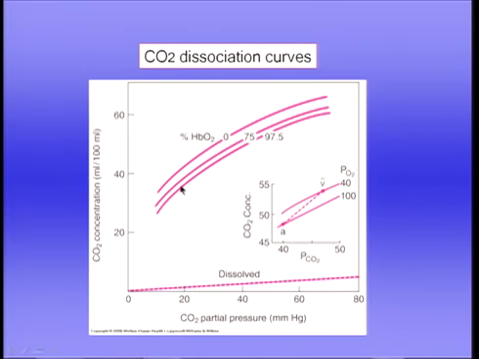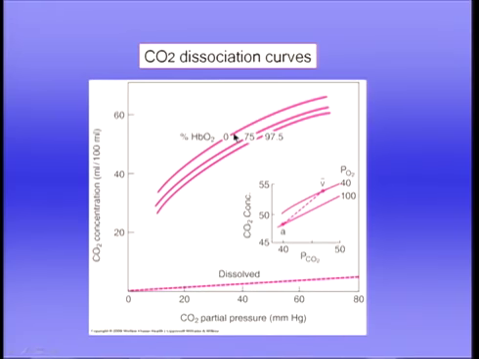And you can see immediately that the CO2 dissociation curve is steep, and it's almost linear in the working range, quite unlike the oxygen dissociation curve, which has this marked S shape and is very nonlinear. Another thing you'll see is that the amount of CO2 that can be combined, the CO2 concentration, at a given partial pressure here, is greater when you reduce the oxygen saturation of the hemoglobin.